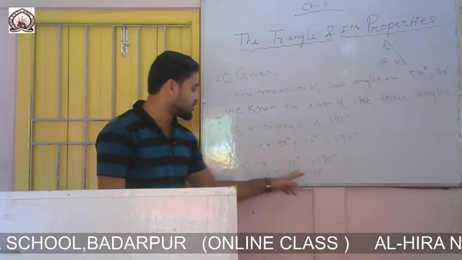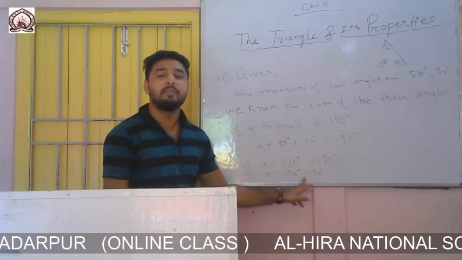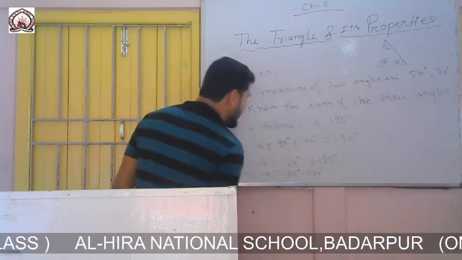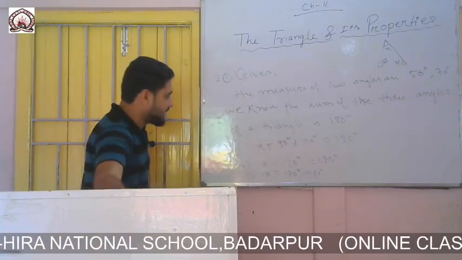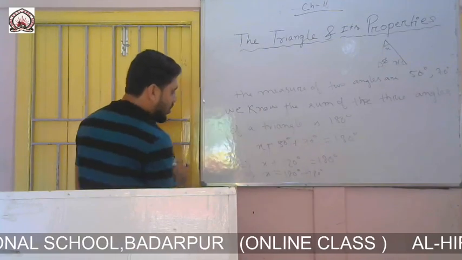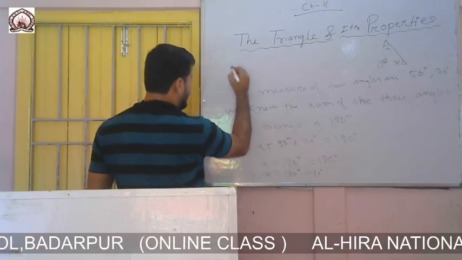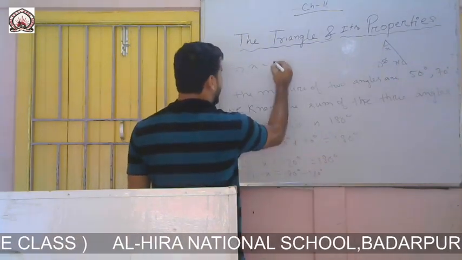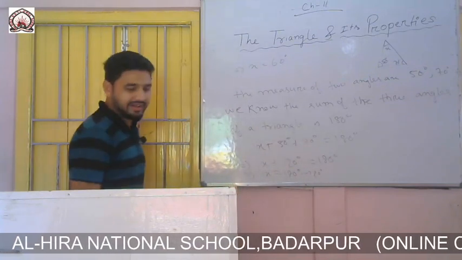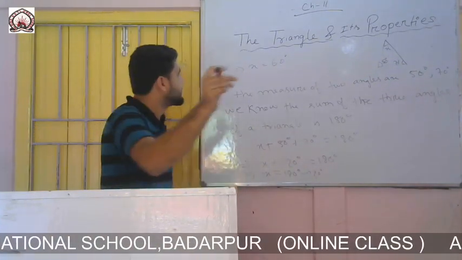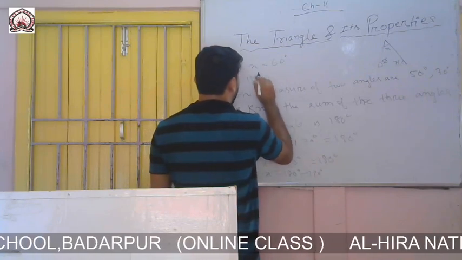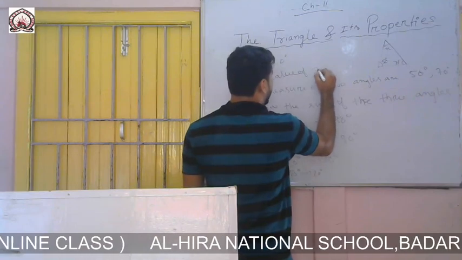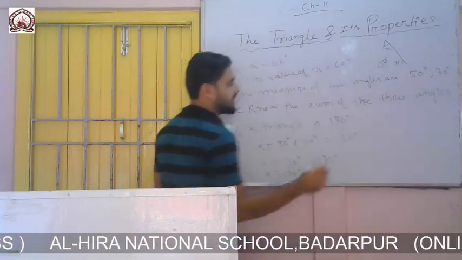Here it is plus, so after coming to the right side it will become minus. Now X equals 180 degree minus 120 degree. If we subtract, then we will get 60 degree. Therefore the value of X equals 60 degree.